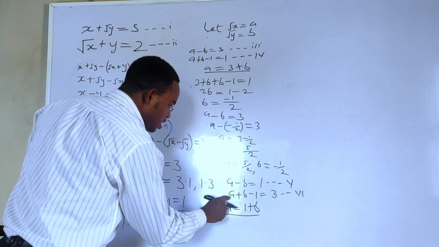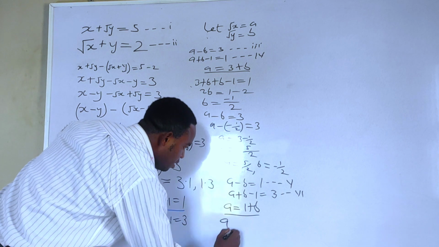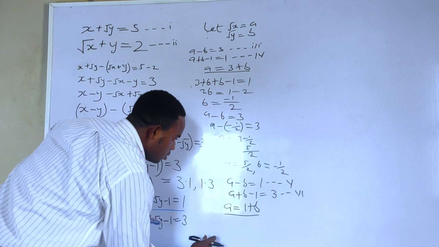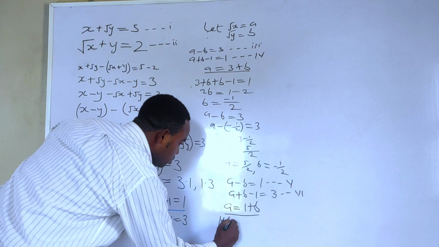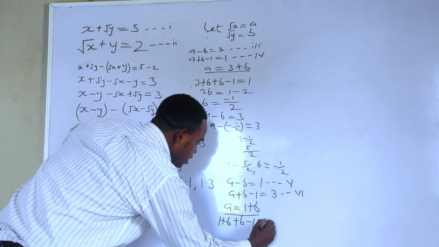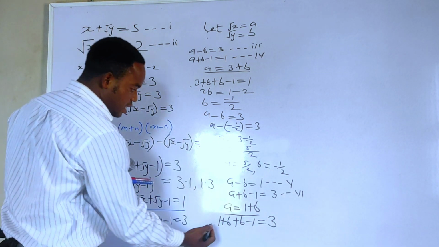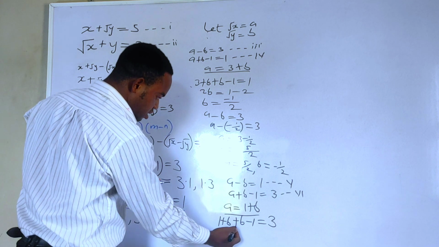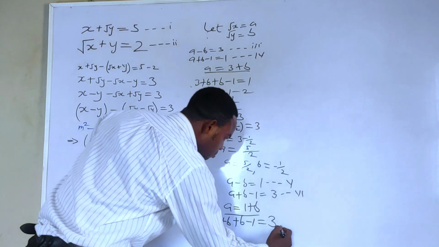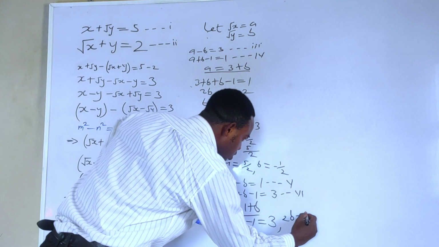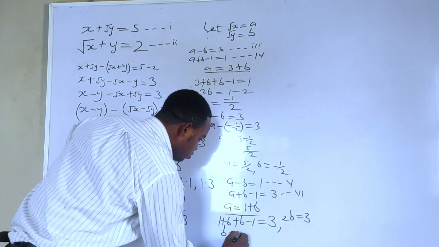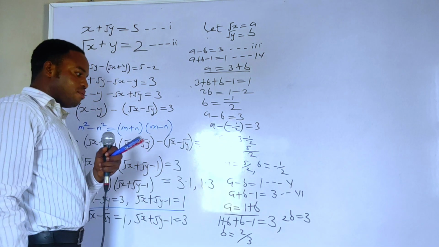I'm putting this inside here. So we have 1 plus b minus 1 is equal to 3. And this is gone. And we have 2b here. So 2b is equal to 3. And b is equal to 2 divided by 3.